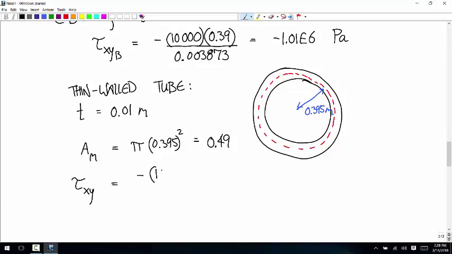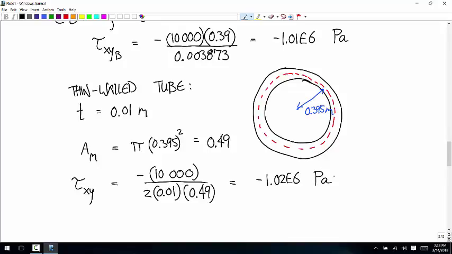You get negative 10,000 divided by 2 times 0.01 times 0.49. And what do you get for that? And so what we get is basically 1% error compared to 7% error, because that wall is thin enough for this assumption to be closer to correct, you know.